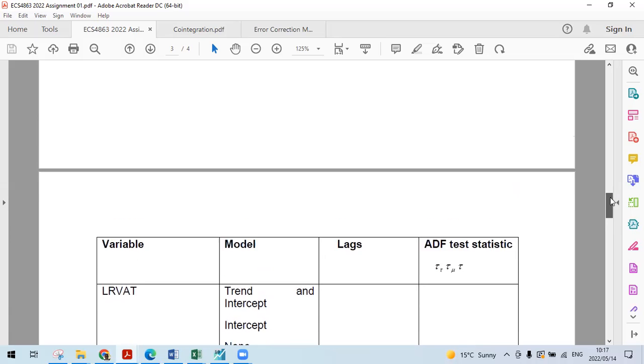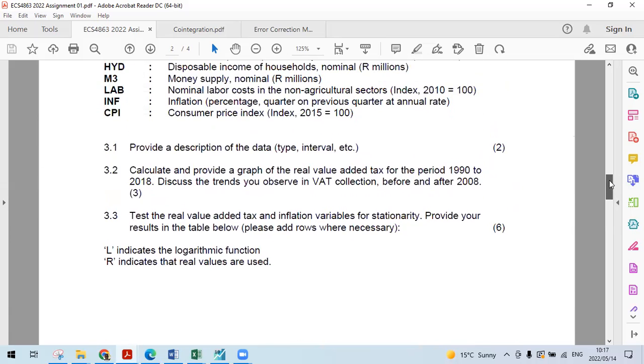And let me say it from the word go. It's advisable to test for stationarity for all the variables you are given. But let's try to stick to the question. They just want us to test the real VAT variable and inflation variables for stationarity. Only these two.